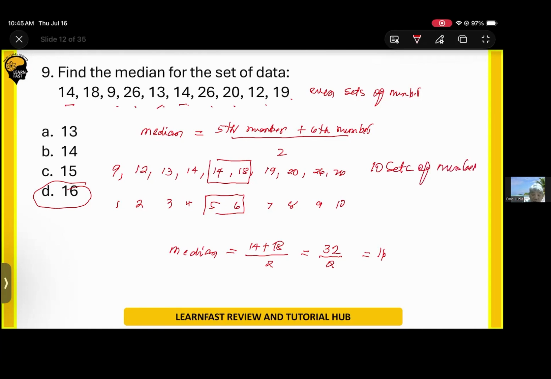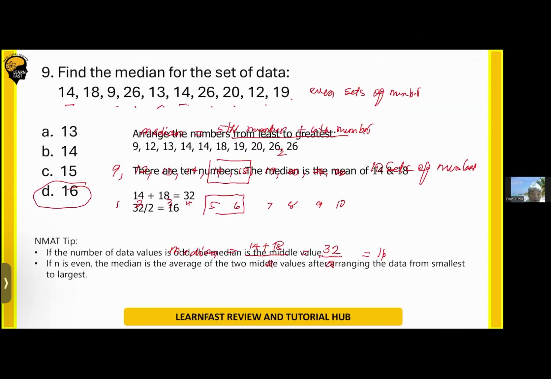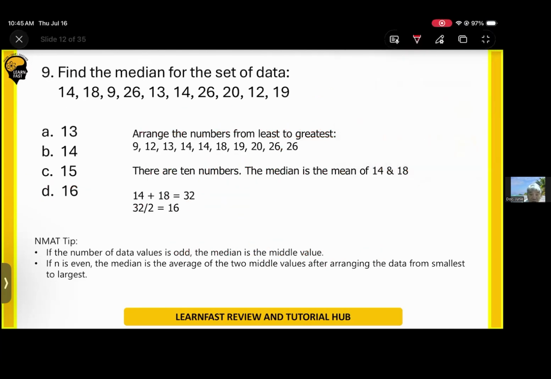Okay, so we now formalize our rule. Take your notebook and record this. Okay, NMAT. If the number of data values is odd, the median is the middle value. If the number of values in the set of data is even, the median is the average of the two middle values.